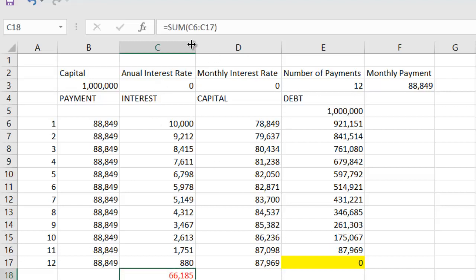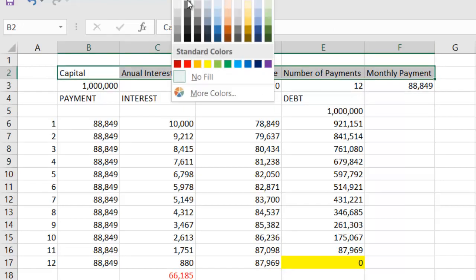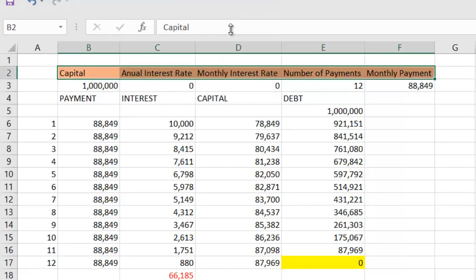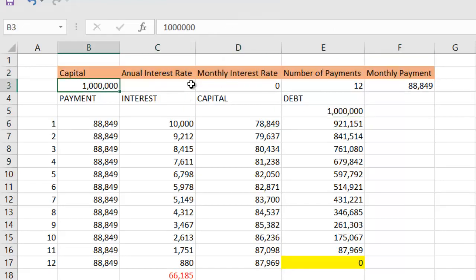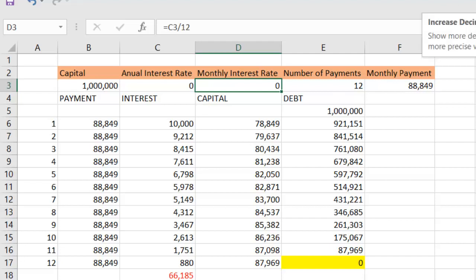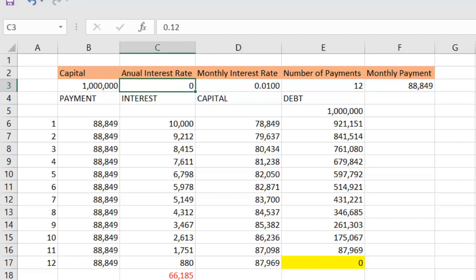And of course, it is a very low interest rate. Nowadays, if you see some other banks and some other institutions, it's a lot more expensive.